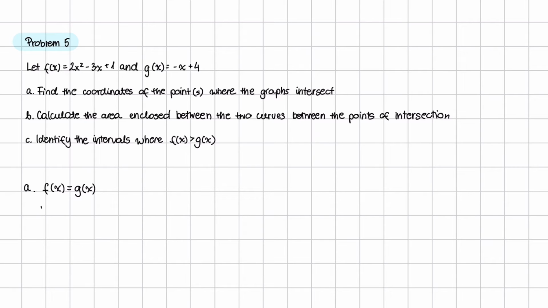So 2x squared minus 3x plus 1 equals minus x plus 4. And we have two ways of solving it. We can type it into solver.